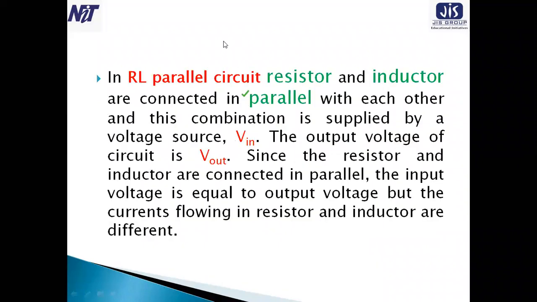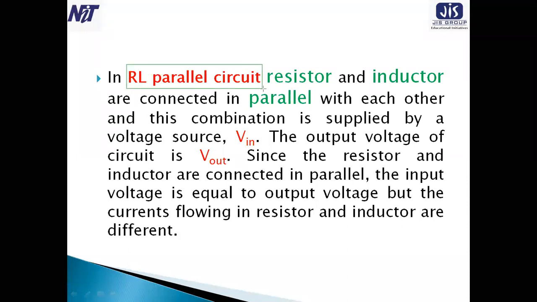Now first we have to understand what this parallel RL circuit is. In a parallel RL circuit, the resistor and inductor are connected in parallel. In the series RL circuit, the resistor and inductor were connected in series.